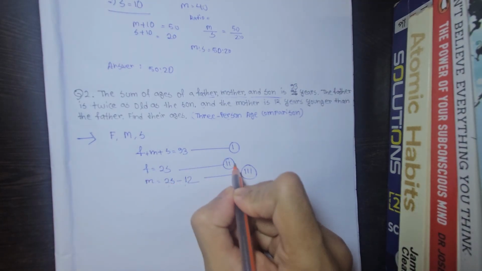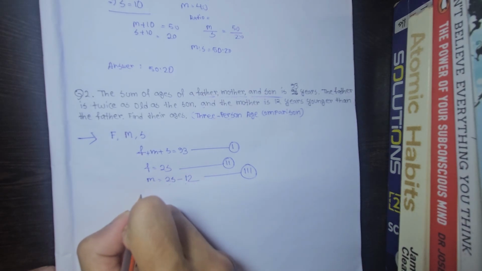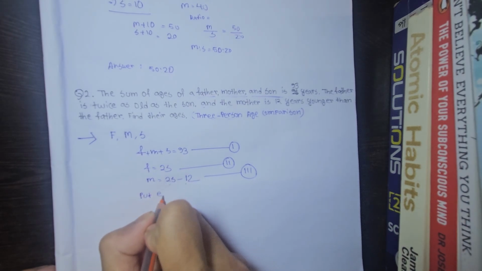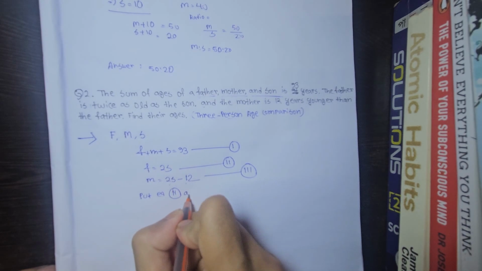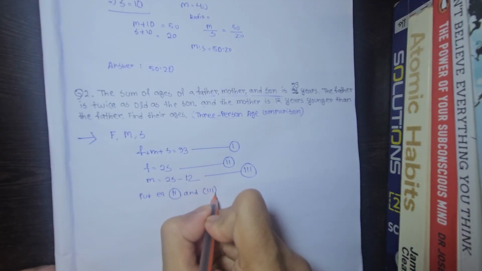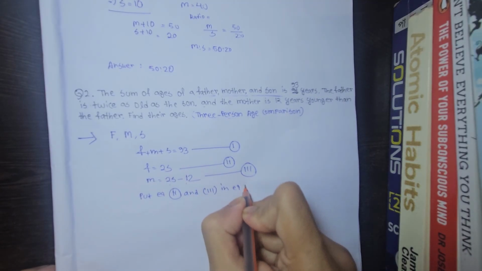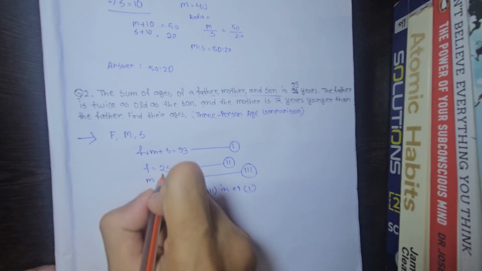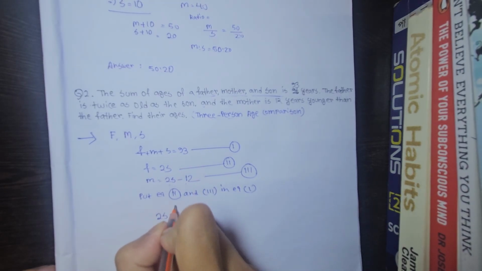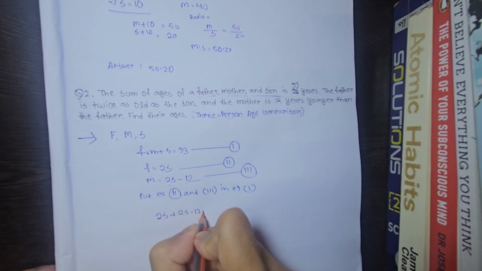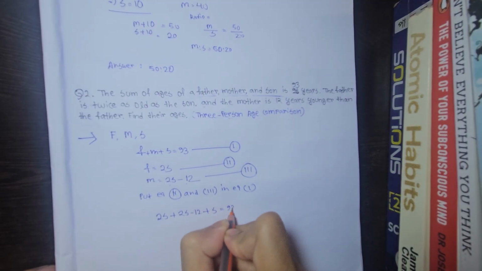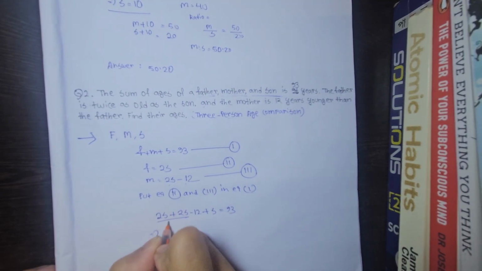Now they said to find their ages. Can we find their ages? We definitely can. What if we just put equations 2 and 3 into equation 1? Simple. So the value of f is 2s plus 2s minus 12 plus s equals 93.